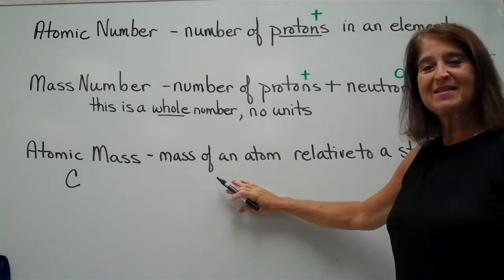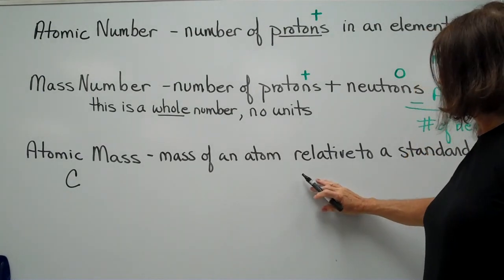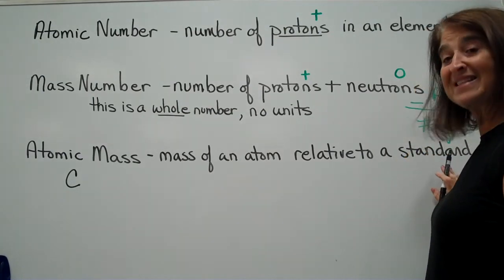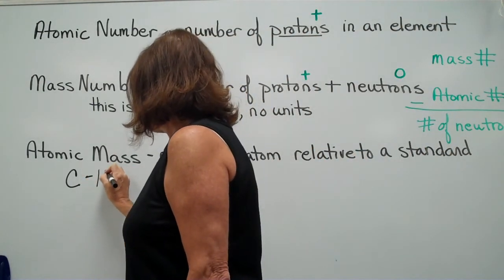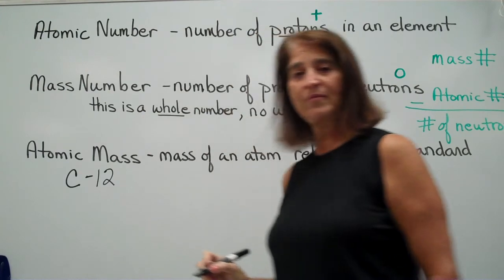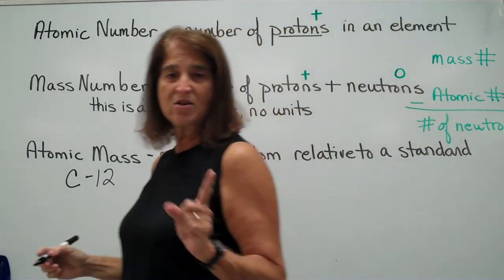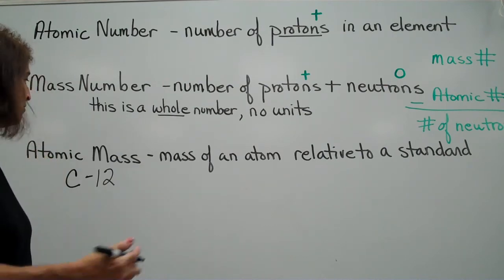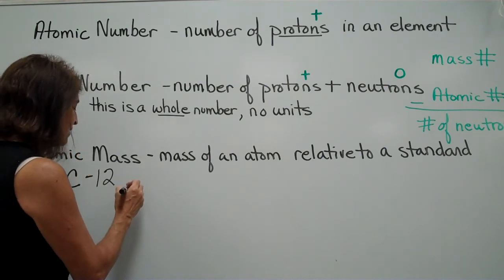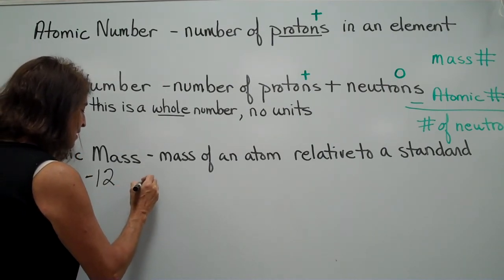So the atomic mass is going to be defined as the mass of an atom relative to a standard. And that standard is going to be carbon-12. Now, this isotope of carbon is going to be assigned a value of exactly 12 AMUs.